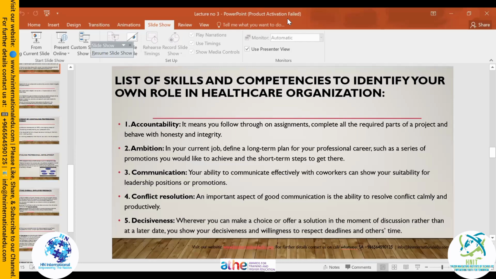The second is ambition. If in your current job, define a long-term plan for your professional career, such as a series of promotions you would like to achieve, and short-term steps to get there. Because without any ambition, you would not be able to achieve your success rate in an organization.